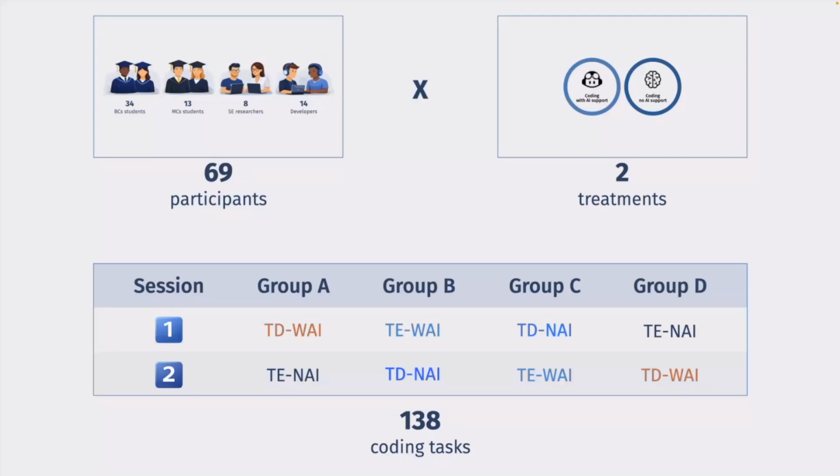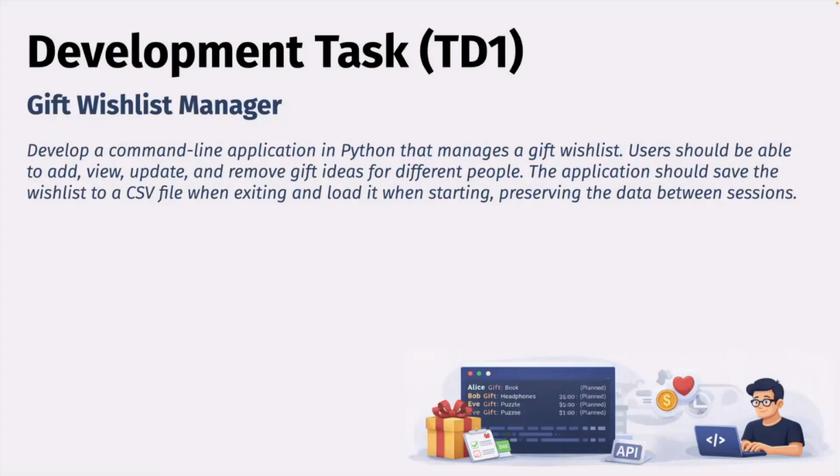So we had the simplest tasks for the bachelor students, more complex tasks for researchers and professional developers. Why? Because they had different backgrounds. So to give you one example, I will show you the tasks for the bachelor students. So these were the simplest one. This was the development task. You see a short summary, but they got basically a PDF with all the requirements.